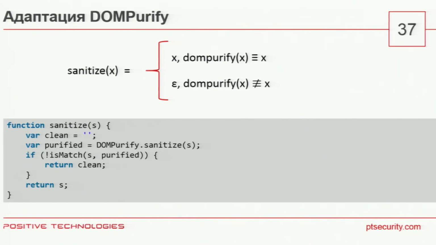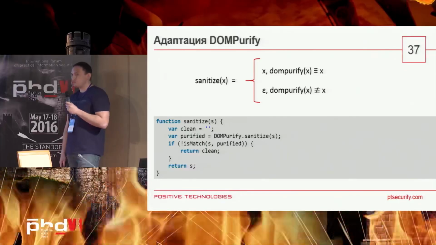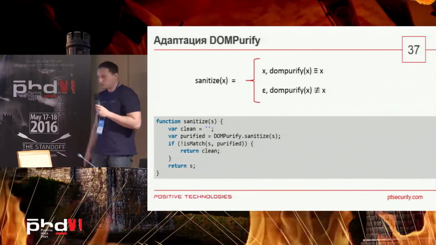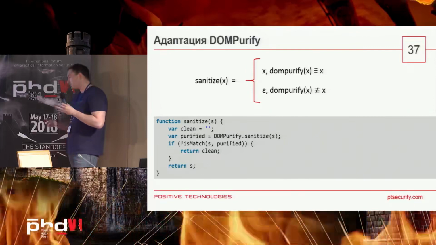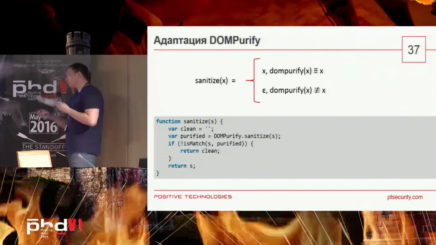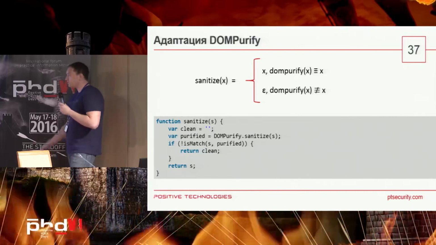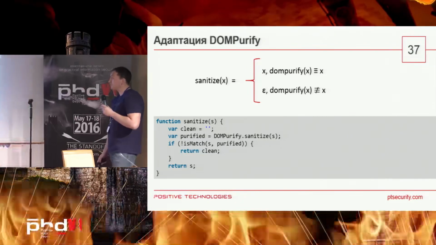If the lines fail to coincide, we believe that the entered vector is HTML, and secondly, it fails to comply with our policies, and we do not return a sanitized DOM Purify vector. Instead of that, we return a preset value. Or it can be some fixed string, just like in other web applications. So the function is shown on the screen. This is an example of using DOM Purify for data sanitation.